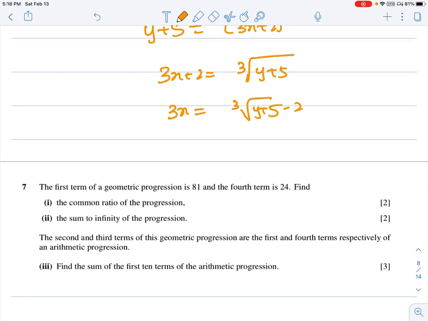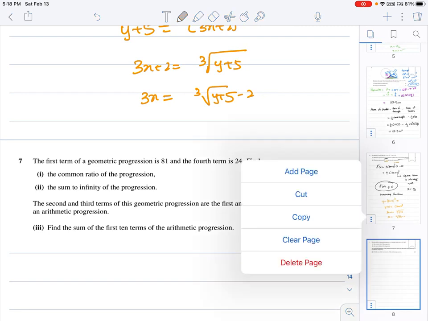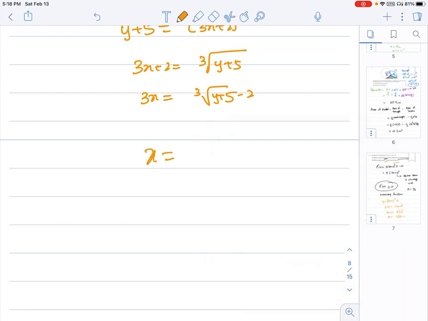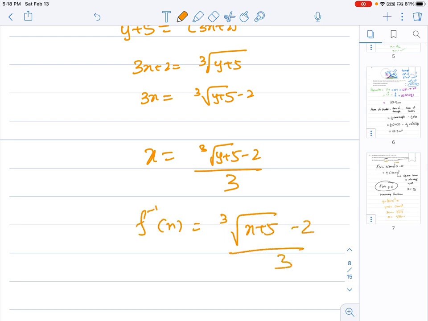So x is equal to cube root of y plus 5 minus 2 upon 3. So f inverse of x is equal to cube root of x plus 5 minus 2 by 3.